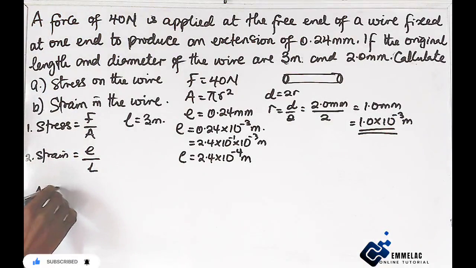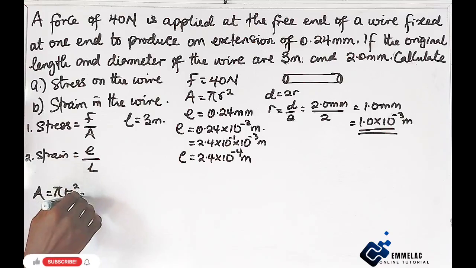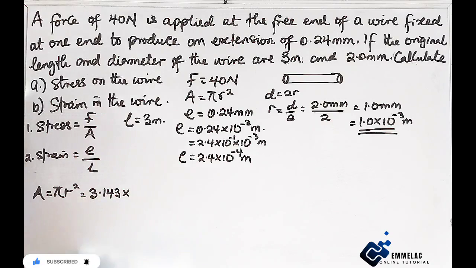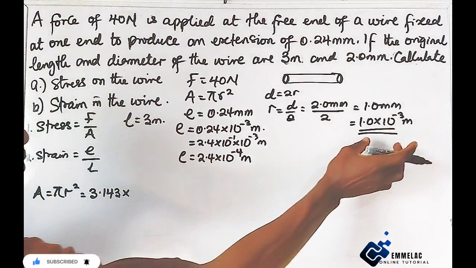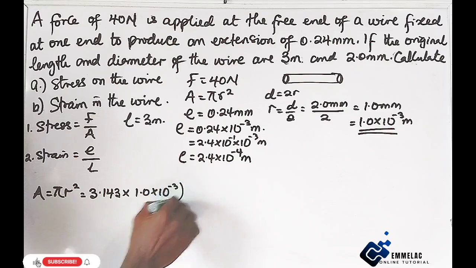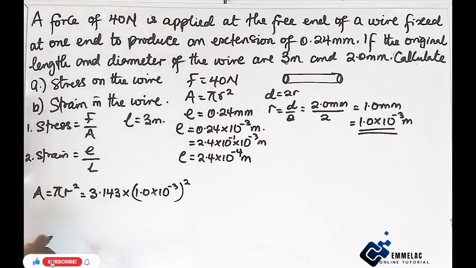Our area here will be pi r square, which will give us pi, 3.143, times our radius, that will be 1.0 times 10 to the power minus 3, all raised to the power of 2.